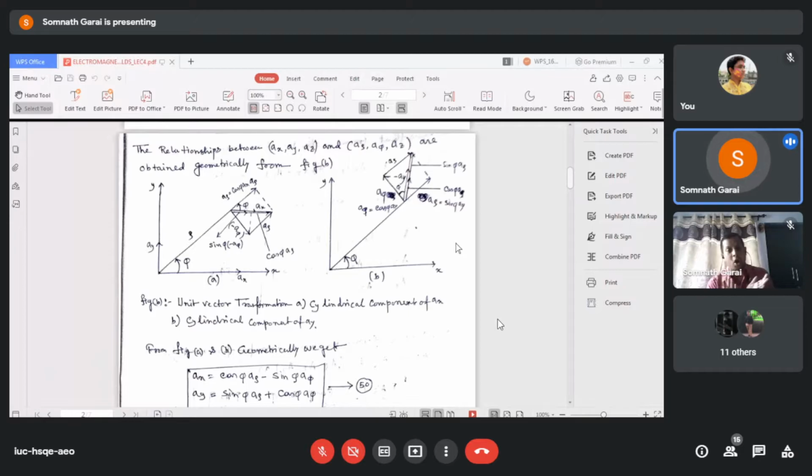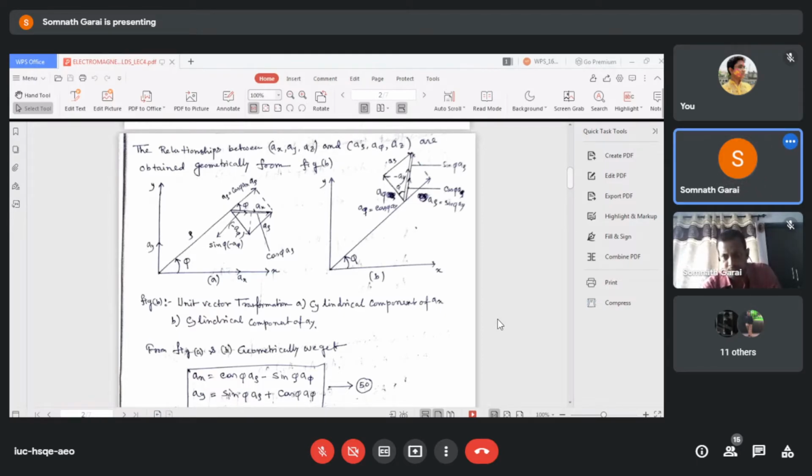If the direction of these two vectors were the same, vertical direction, then ay would equal a phi plus a rho. But a phi and a rho are not exactly along the direction of ay. That's why there will be a vertical component of both vectors, a phi and a rho, right?